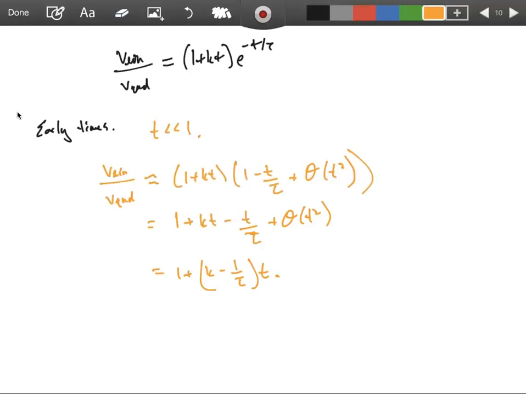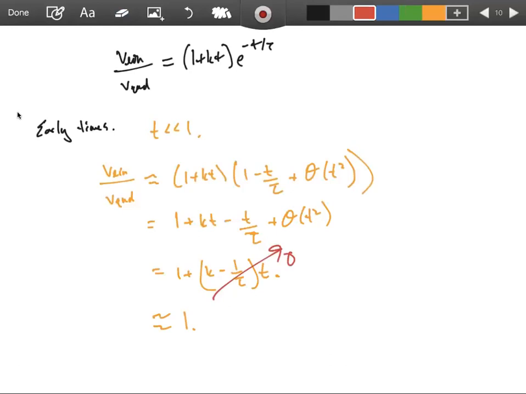At early times, for small times, this approximation says that these two things are about the same. As long as t is small, I can ignore the second term and all higher order terms, which means that the proportionality between the linear velocity and quadratic velocity is basically 1, which means that initially they are decreasing at about the same rates.